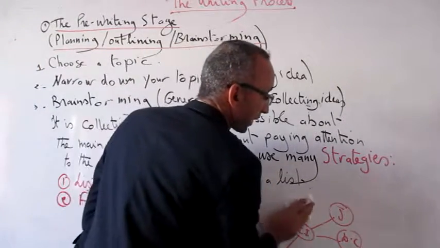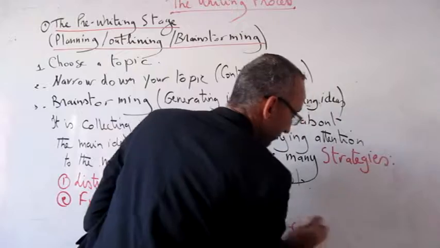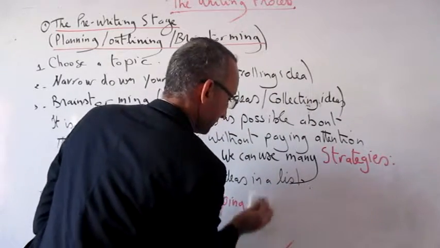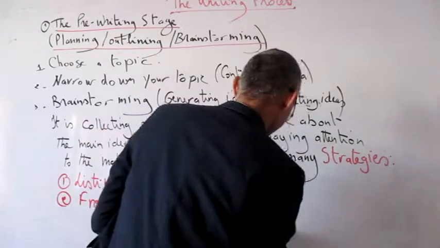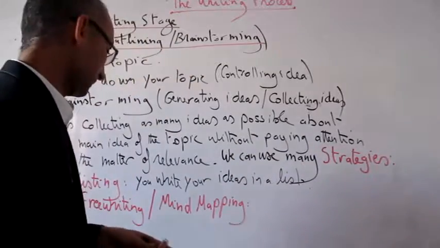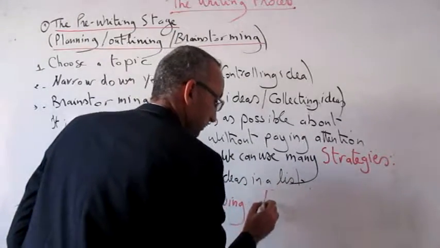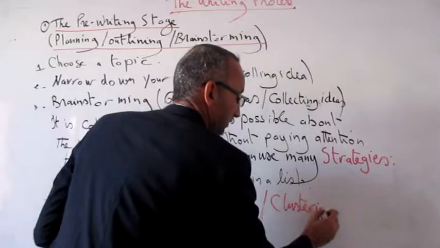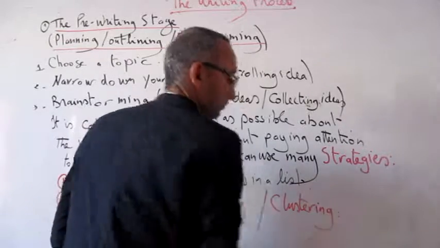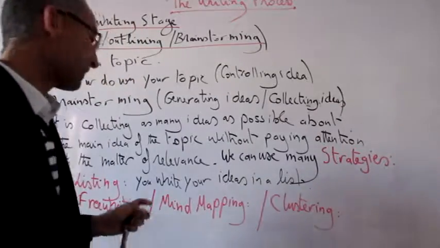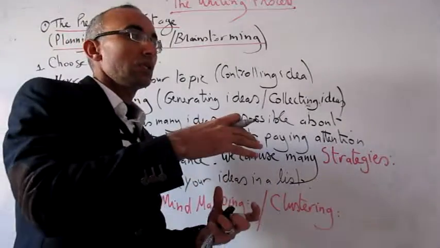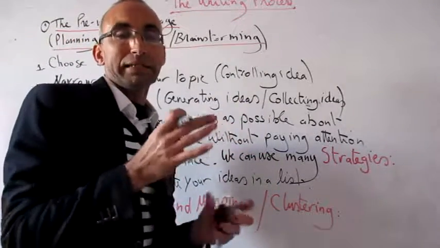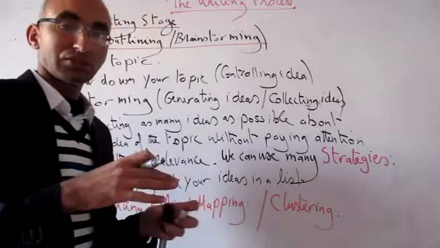And also there is another one which is called clustering. Clustering is writing down the ideas in the form of a tree diagram, nearly, straight lines touched together.